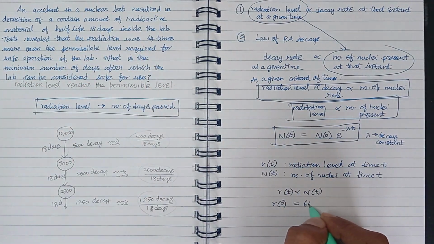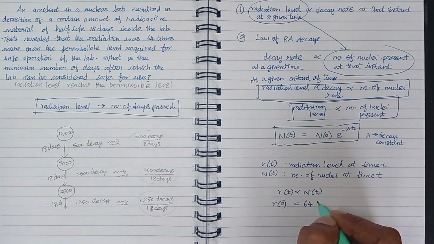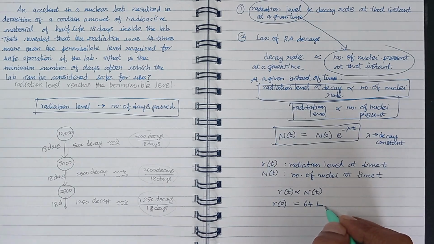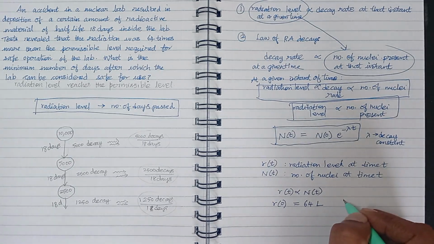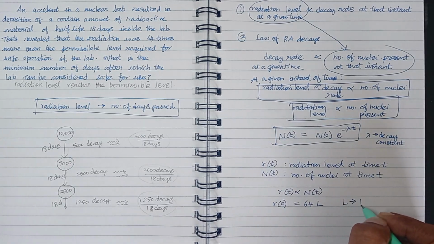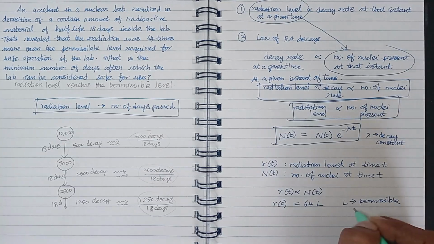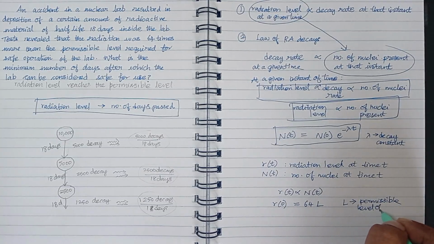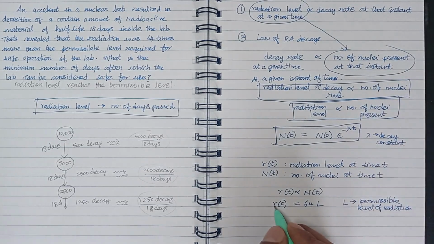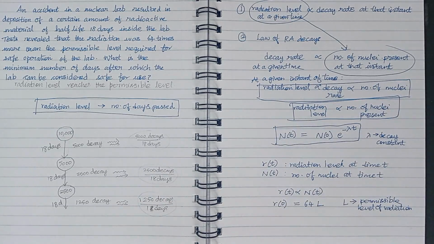Let L be the radiation level which is considered permissible. So radiation at time t equal to 0 is 64 times L. This is given in the problem.